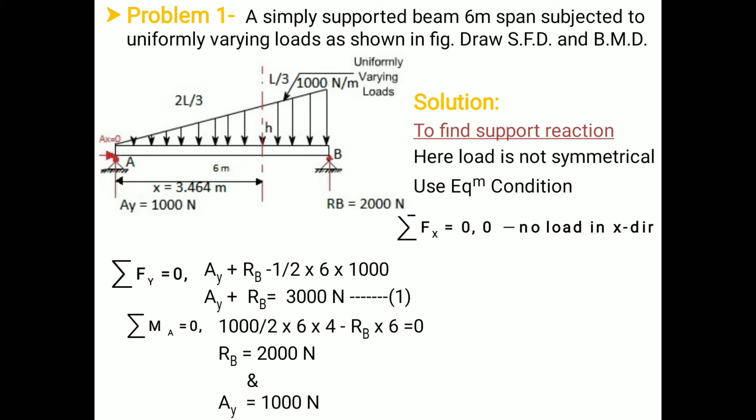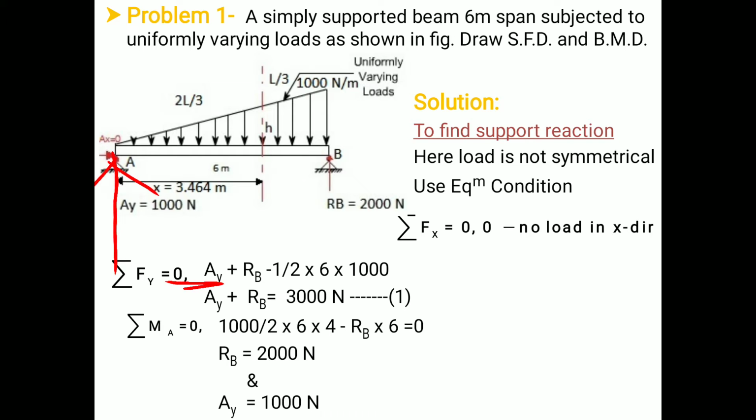So all of you know that while drawing the shear force diagram and bending moment diagram, the first step is to find out the support reaction. Now we are going to find out the support reaction at point A, that is RA or AY.